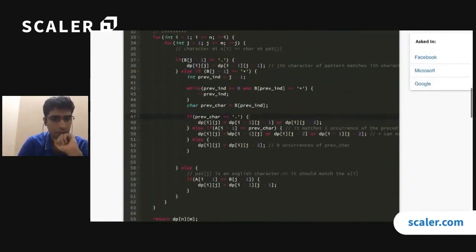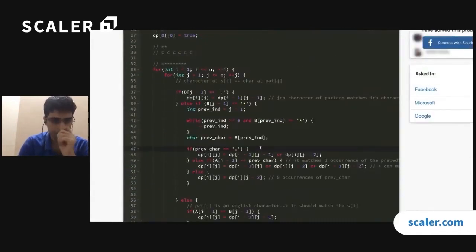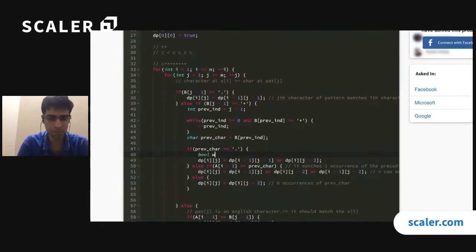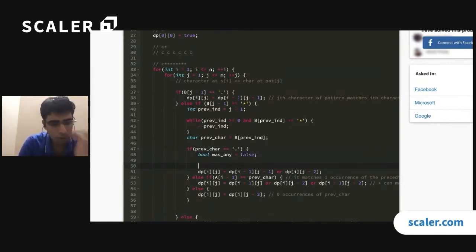So then the answer will be false, let us say. And I can say that for int i equals 0, i less than the current character, for int l equals 0, l less than i plus l.